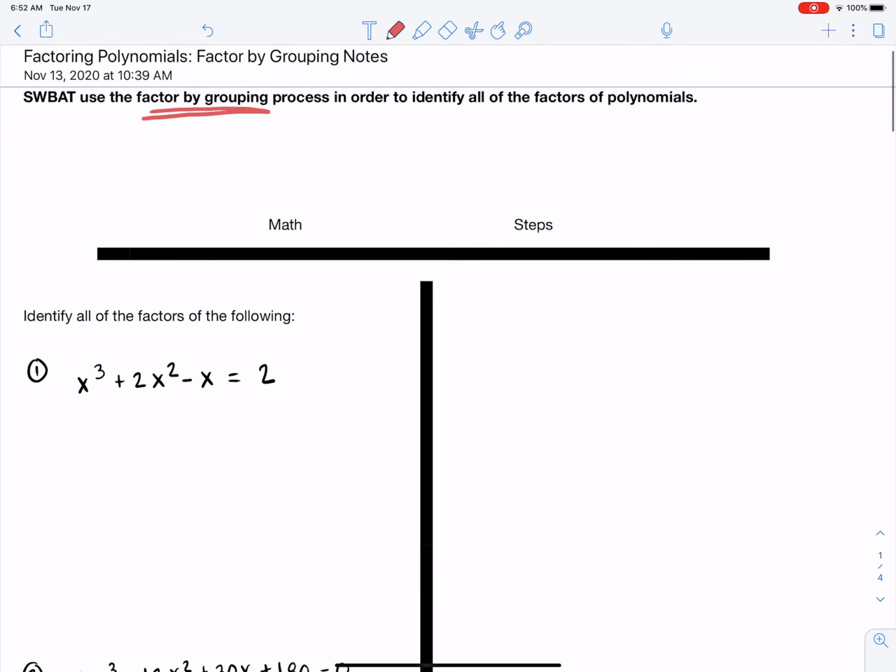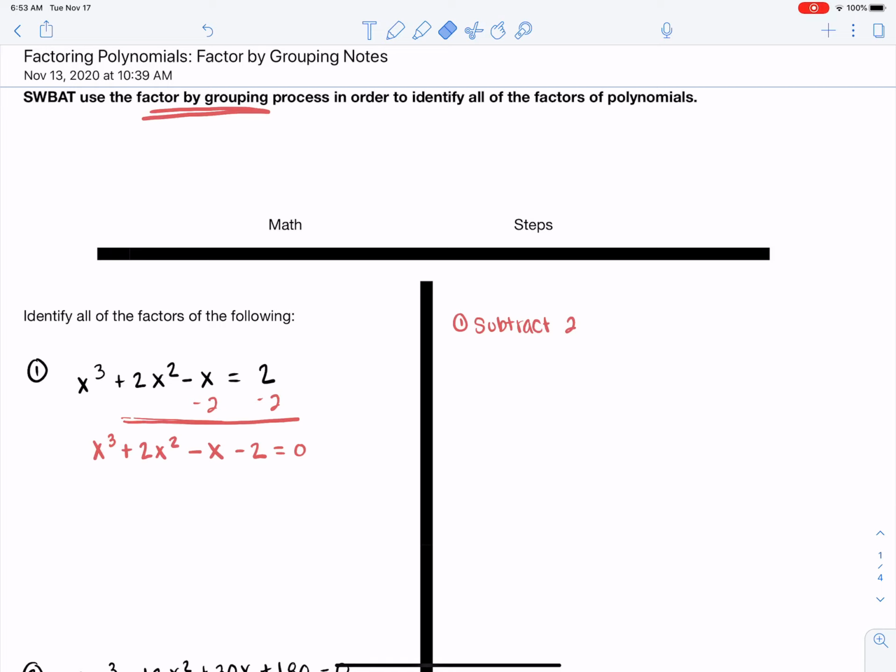So step 1, we're going to subtract 2, so minus 2 on both sides. I don't have anything that's a like term with that, so it's just going to tag onto the back. So I have an x cubed, a positive 2x squared, minus x minus 2 equals 0.